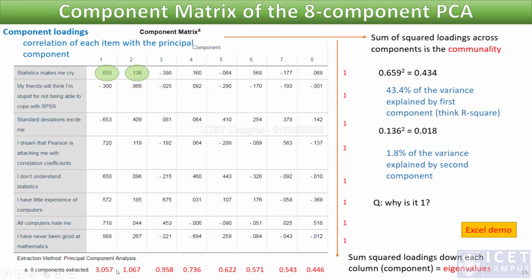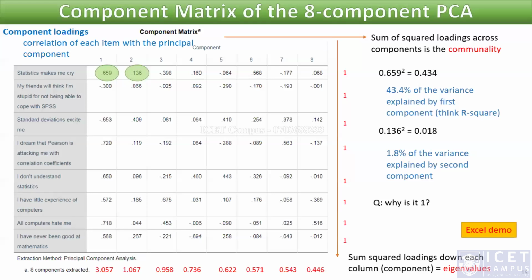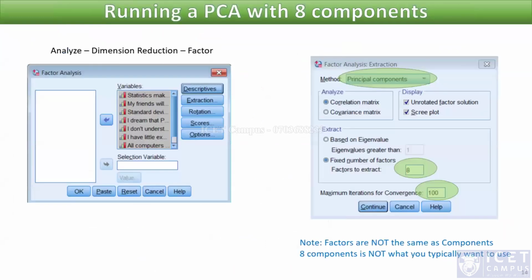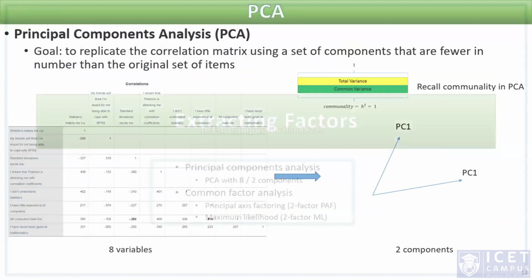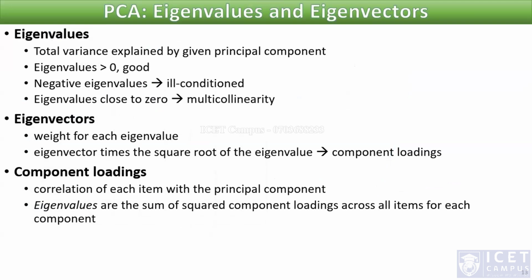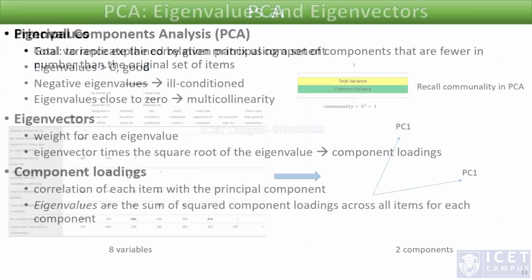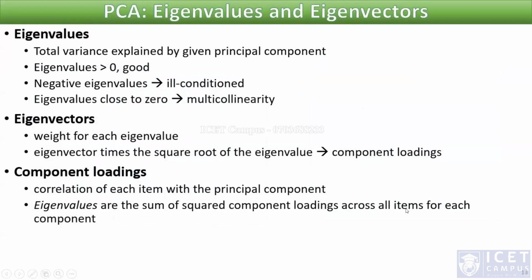I will take another Excel file as well. Eigenvalues are the sum of the squared component loadings across all items of the component.